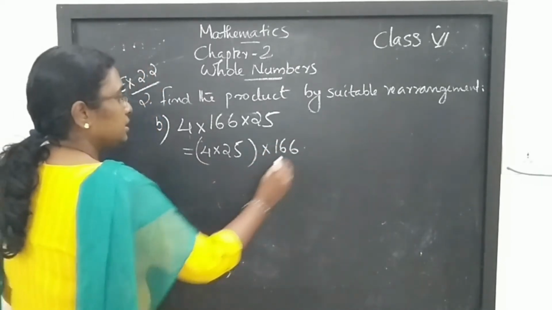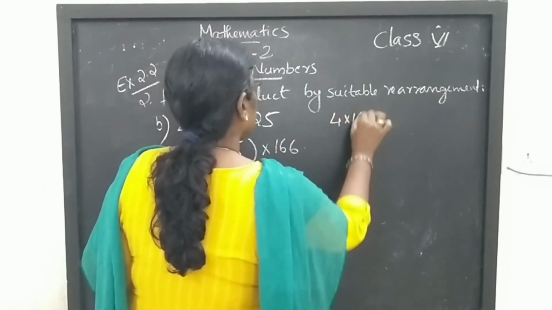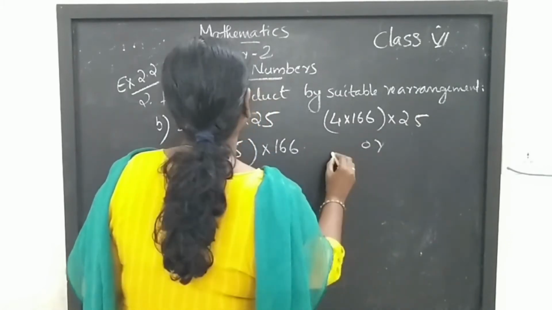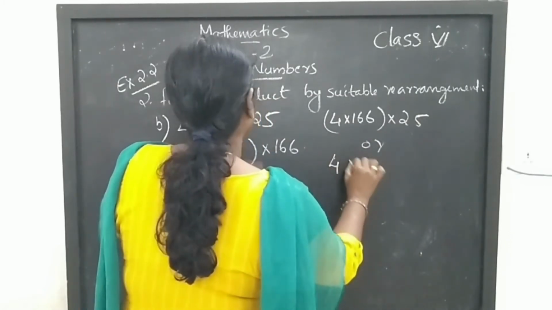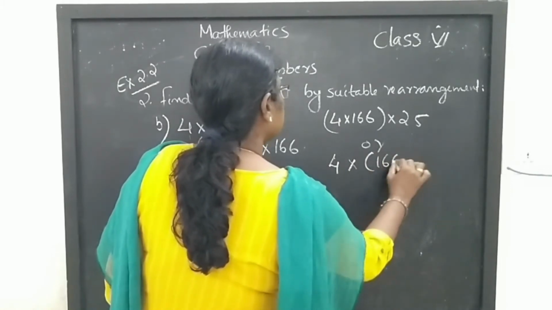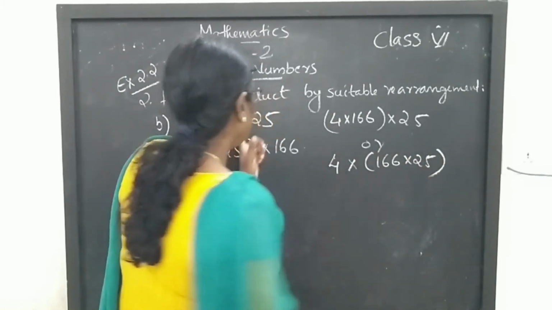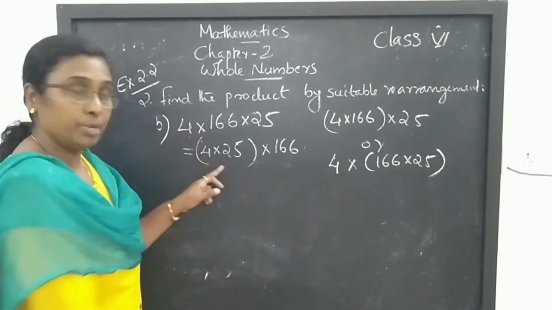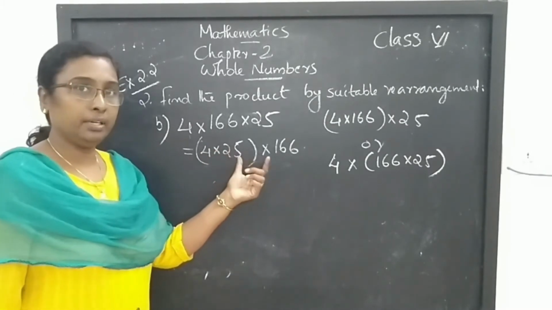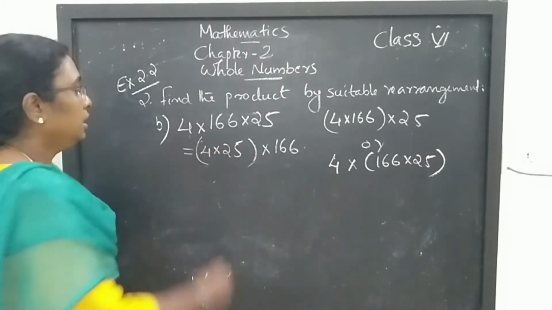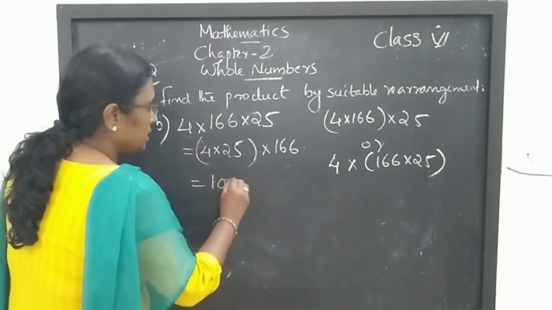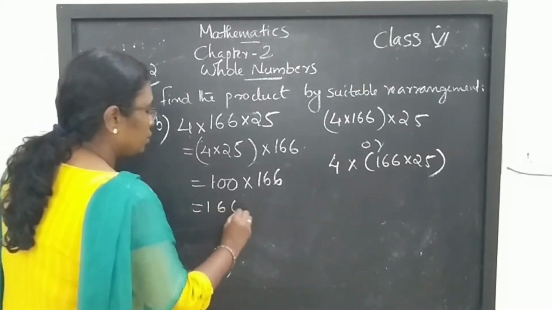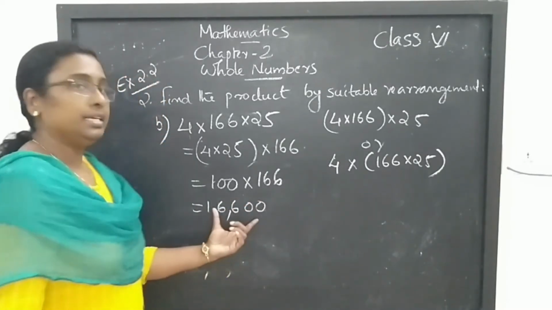Or we can write this as 4 into 166 into 25. All these are correct. For convenience we take the arrangement like this because 4 into 25 equal to 100, which is a multiple of 10. 100 into 166 equal to 16,600. Okay.